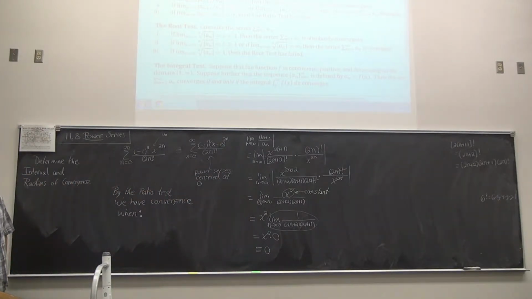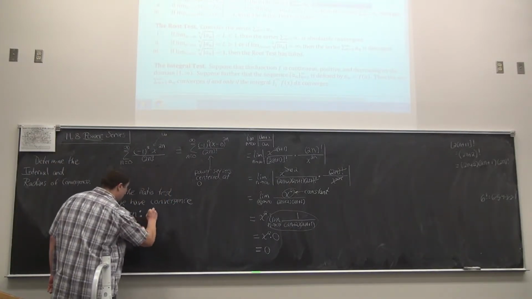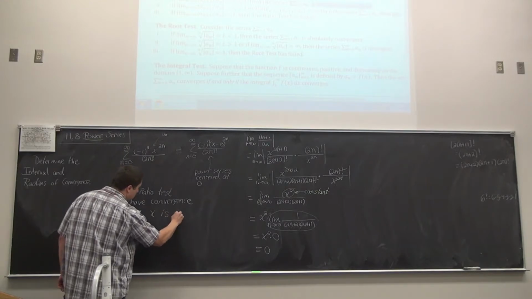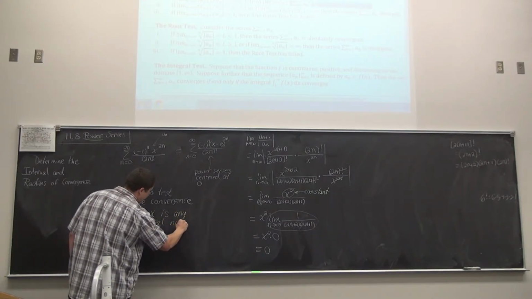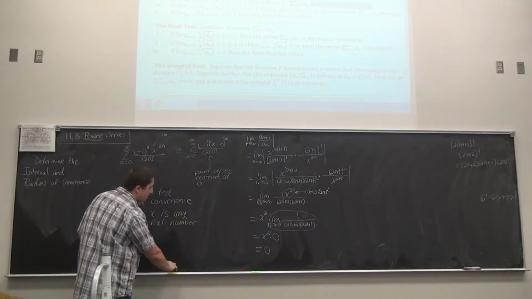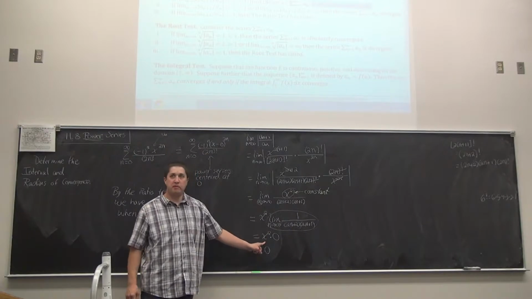Now we go to the ratio test. The ratio test says if you take the limit like we just did, you get a value L, which is not infinity or negative infinity, and it's less than 1, then the series is absolutely convergent. So by the ratio test, we have convergence when x is any real number, because no matter what happens in this limit from the ratio test, x can be anything.